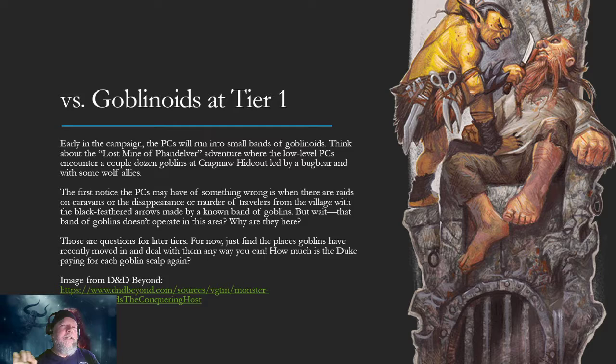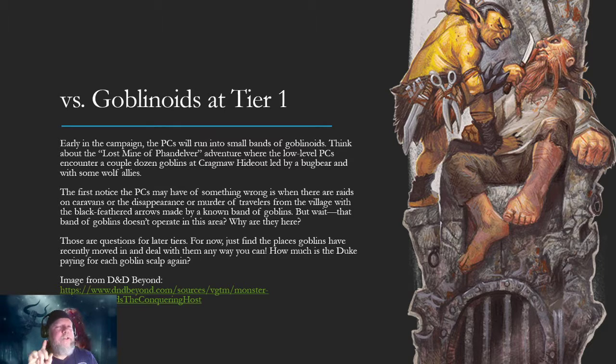And we imagine the first few encounters with goblins being very similar to those in the Lost Mine adventure, where you have a small band of goblins in a hideout that have a few wolf allies, and they're led by a bugbear. So there's one kind of boss guy there, and then a bunch of low-level goblins, and right off the bat, your characters are having to deal with them.